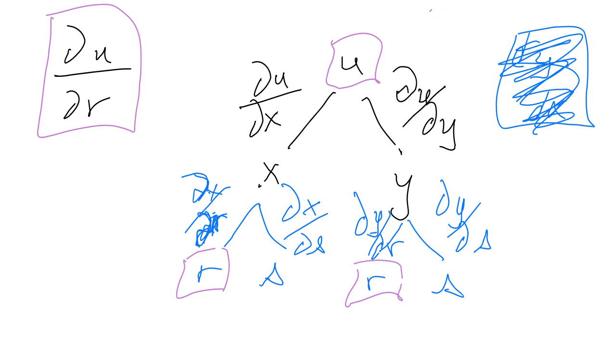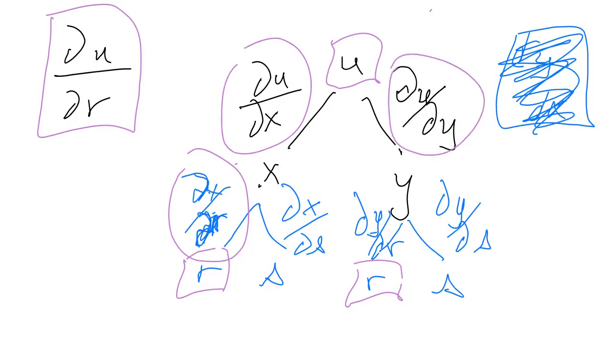To get to the left r, I've got the partial of u with respect to x and the partial of x with respect to r. That gets me down this column, and I'm going to multiply those together. And then coming the other way, I've got the partial of u with respect to y, and then following the tree down, the partial of y with respect to r. So I can multiply those together and then add the results.